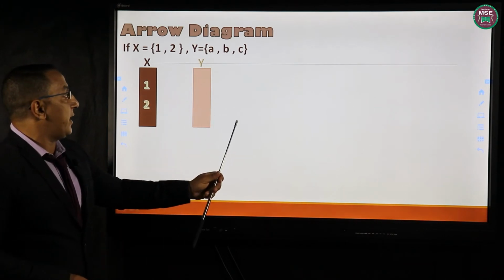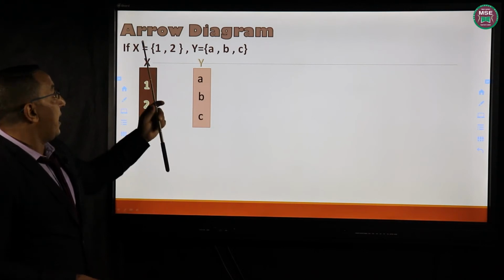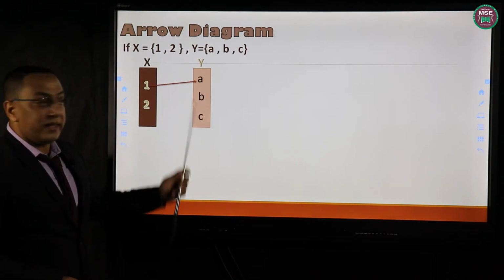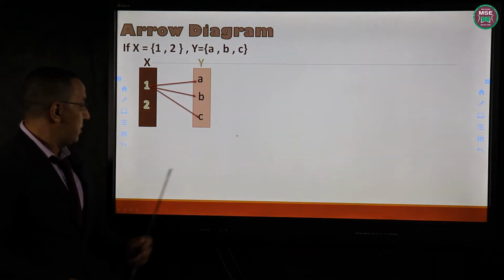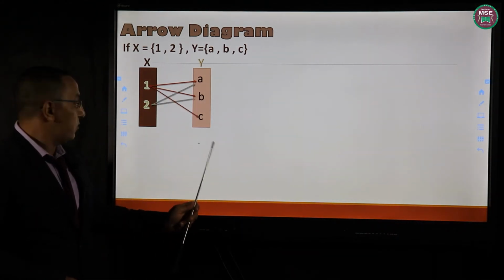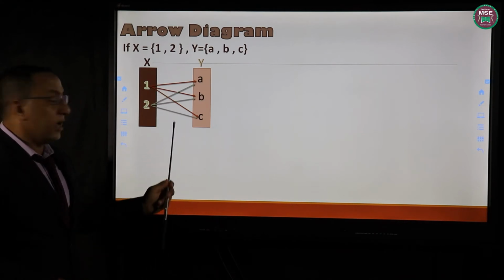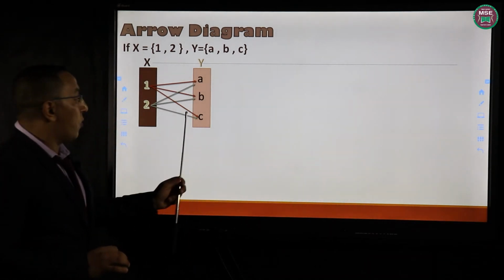The elements of Y are a, b, and c, as we see. Okay, and now I'm going to use the arrows. How come? 1 is connected with a, 1b, 1c, 2a, 2b, 2c. Here we have 3 arrows from 1, 3 arrows from 2, so the total is 6 arrows, or 6 elements.